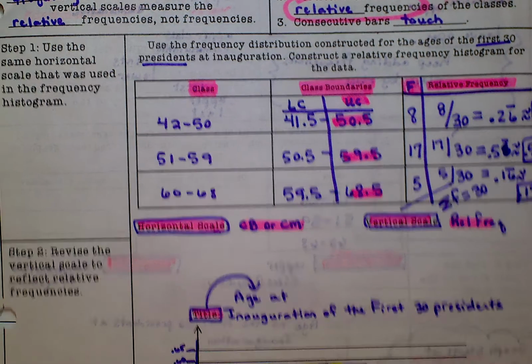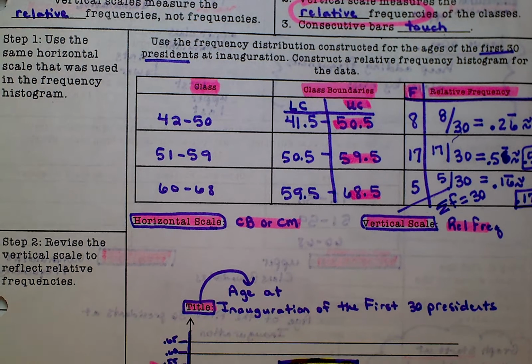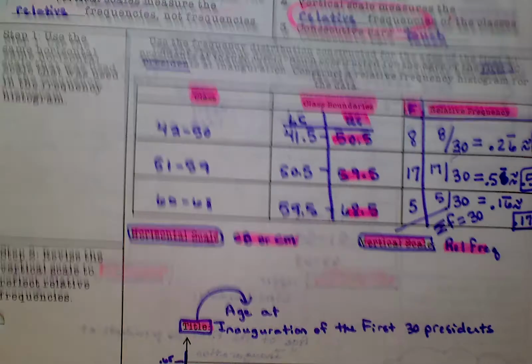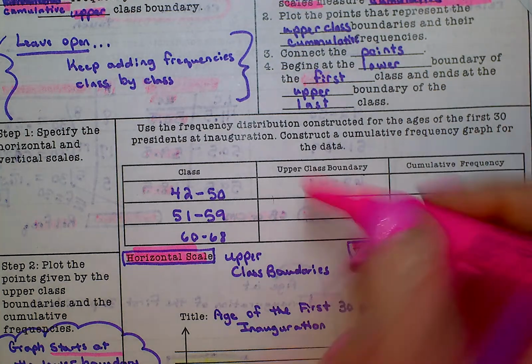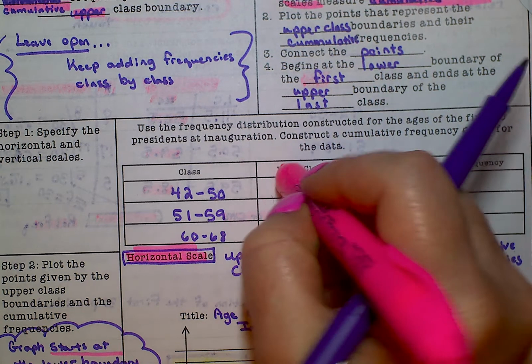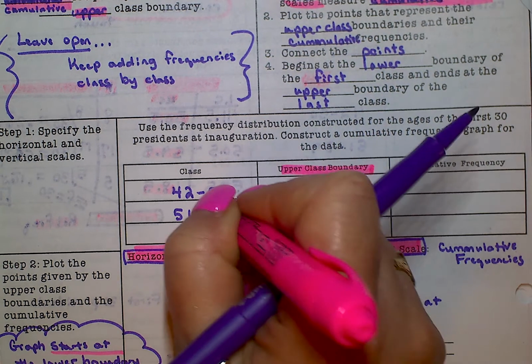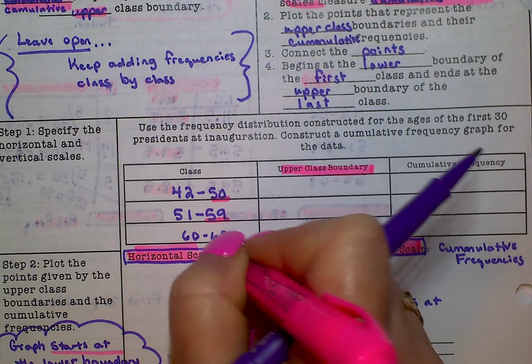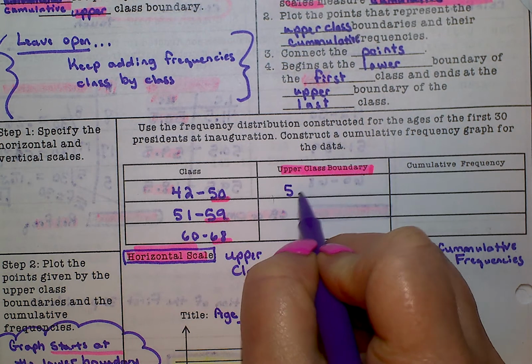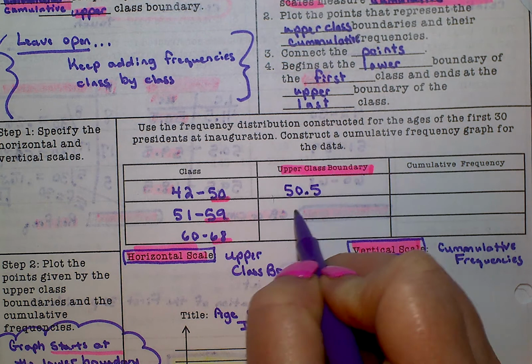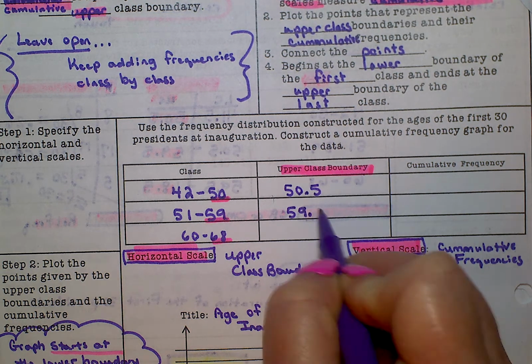That's what you're going to use for your horizontal scale on the ogive. So when I go to this part, when it doesn't give that to you, you need to go ahead and maybe highlight or circle. So you're going to use the 50, the 59, and the 68. And you're going to add the 0.5s to those to get your upper class boundaries.